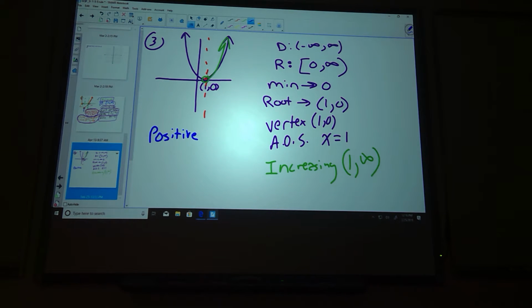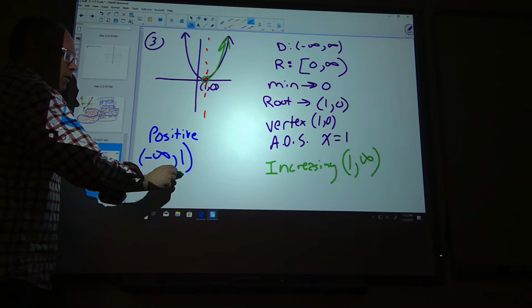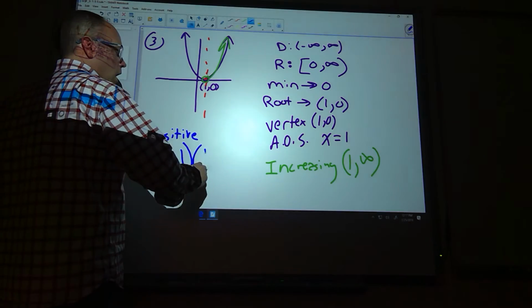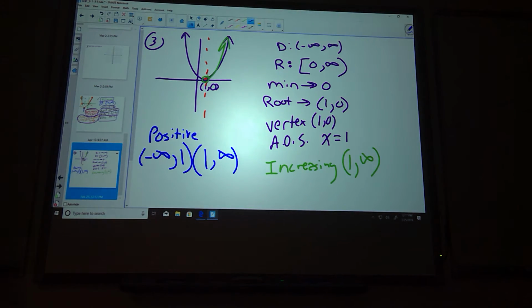It's at 1, 0. So at 1, the value is 0. Is 0 a positive number? No. So it's positive from negative infinity up until I get to 1, rounded bracket, and then from 1 to infinity. The rounded brackets at the 1 and the 1 mean I'm not including the 1. I'm going right up to that 1 as close as I can get from the left and as close as I can get to the right, but I'm not going to include it. So you actually bound it like that.